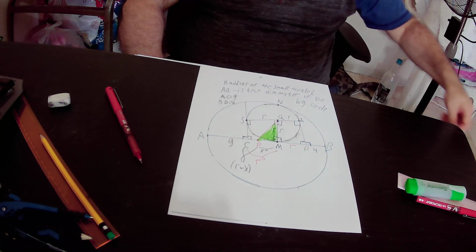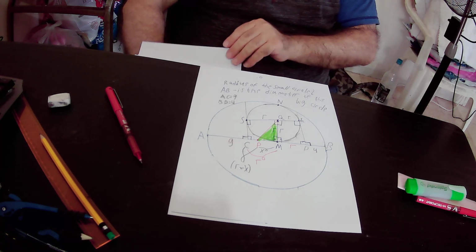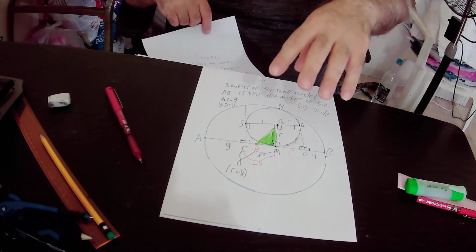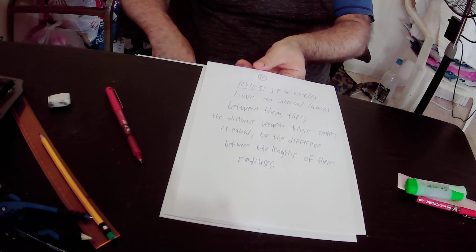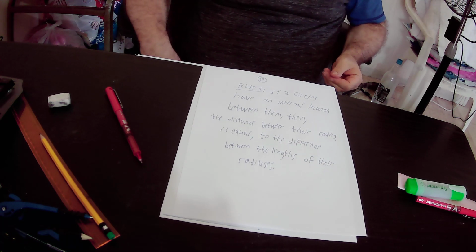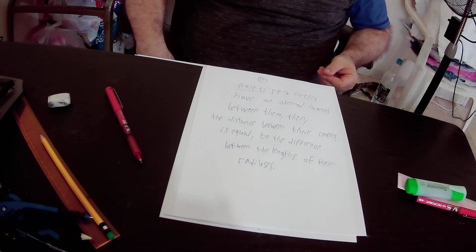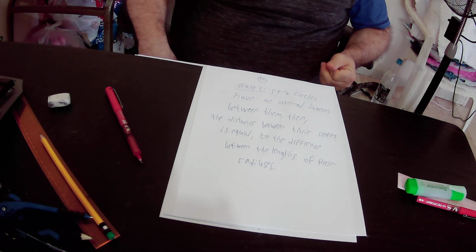Okay, and then we presented rule number 5, and we implemented rule number 5 in our two circles. According to rule number 5, if two circles have internal tangency between them, then the distance between their centers is equal to the difference between the lengths of their radii.